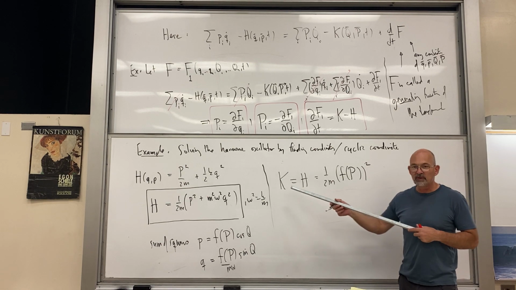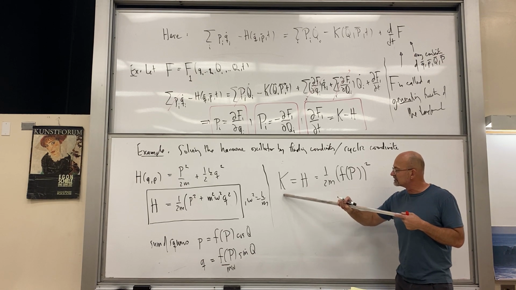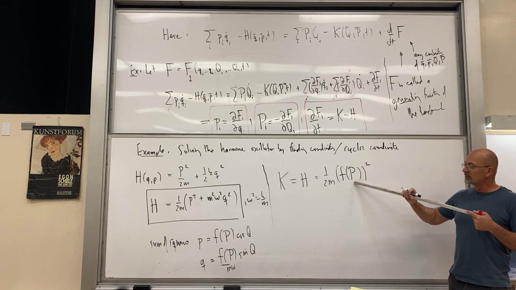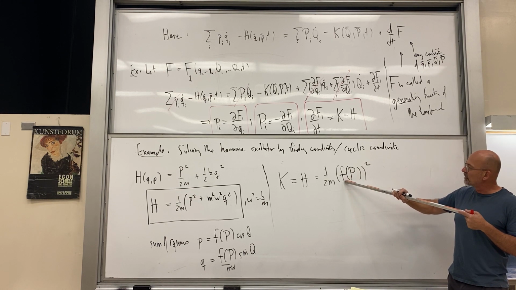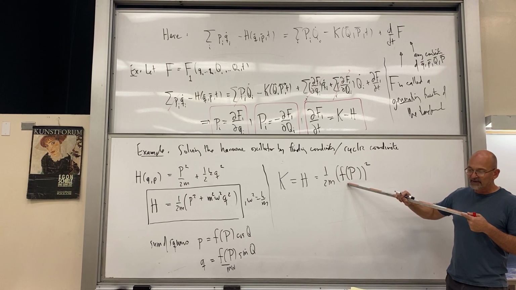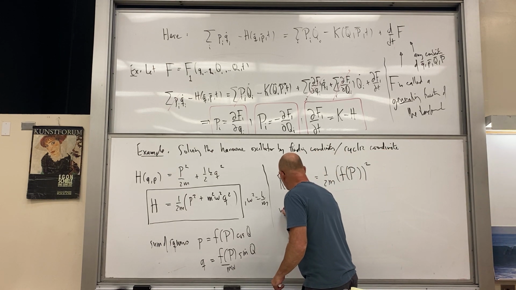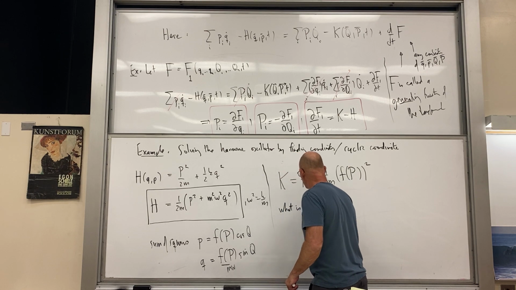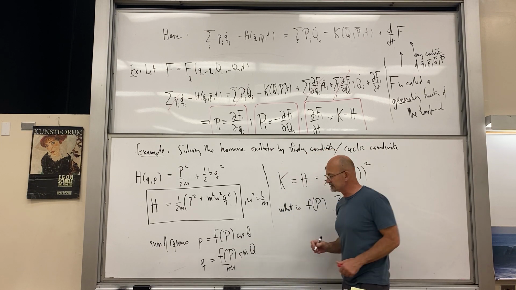And if we could do that, you'll notice that's the new Hamiltonian. We would have a cyclic coordinate, because there's no Q in there. But of course, we don't yet know what the function f of p is. So what is f of p?